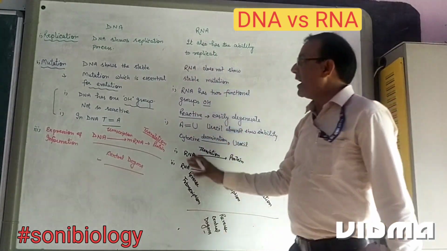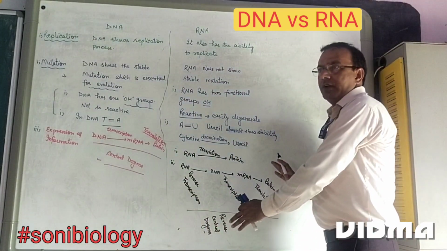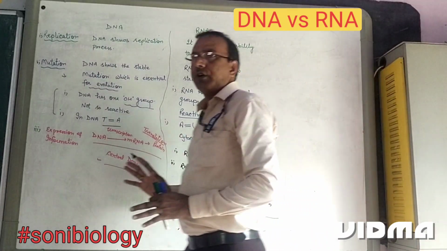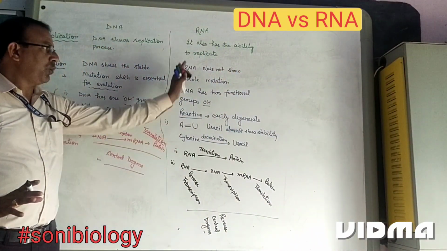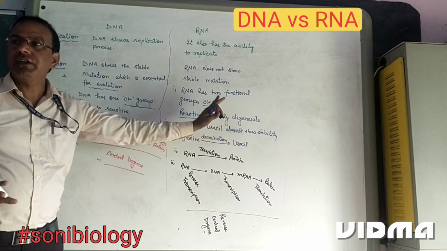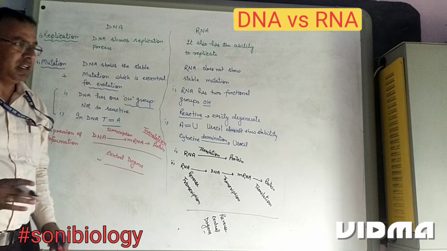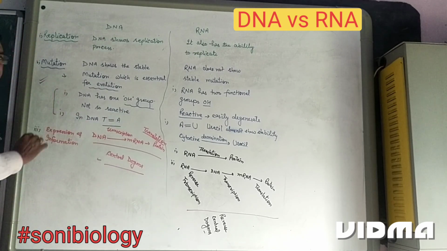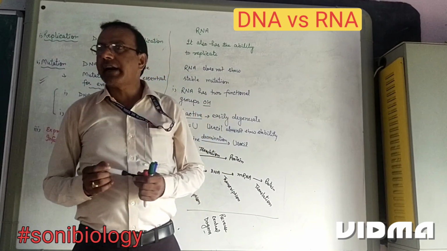If these processes happen, it may cause large mutation, and large mutation is not essential or responsible for evolution. So we can say that RNA is not the genetic material, whereas DNA shows stability, so it is the genetic material. In the next part we will discuss the RNA world, and after that the replication process.